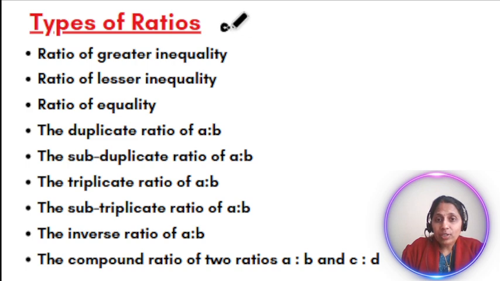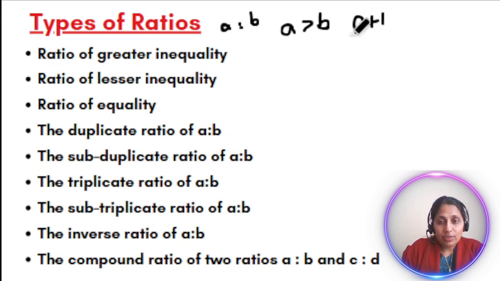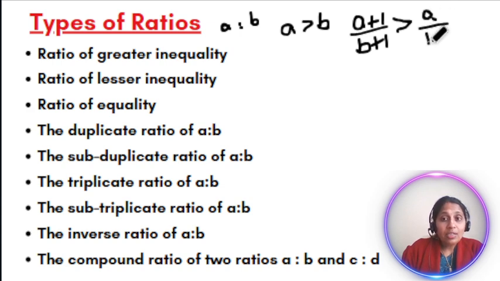Suppose you have a ratio A is to B where A is greater than B. If you add a number to this ratio, say A plus 1 and B plus 1, this operation will decrease the ratio value, which means the new ratio is smaller than your actual ratio A by B. Such ratios are ratios of greater inequality.